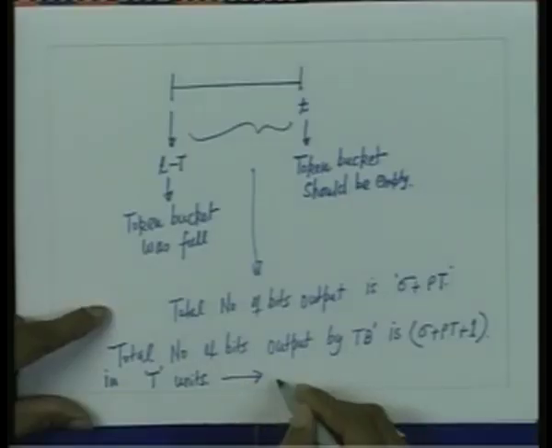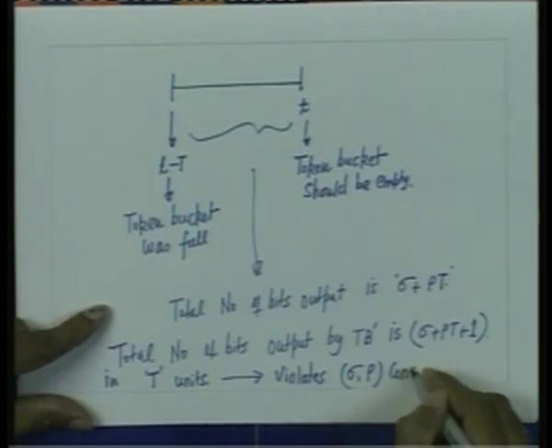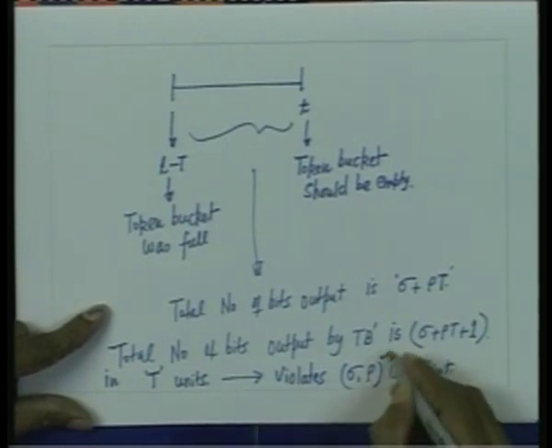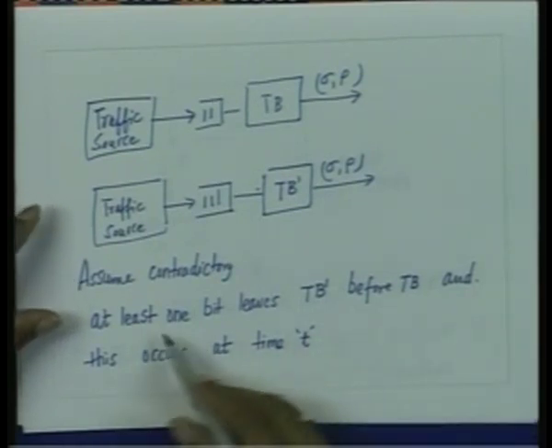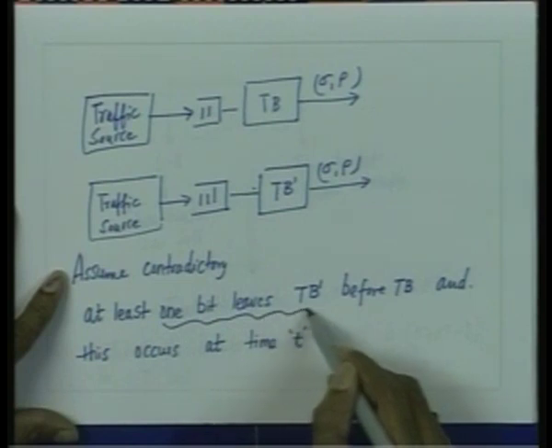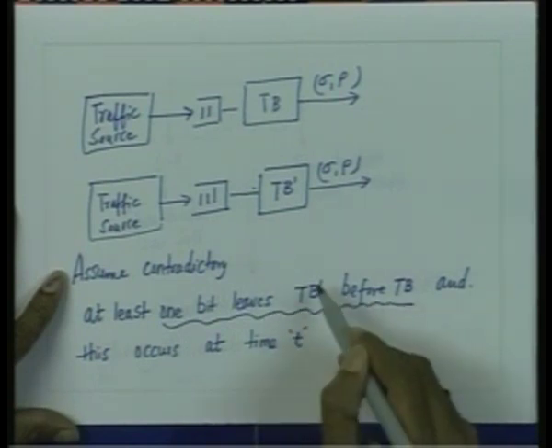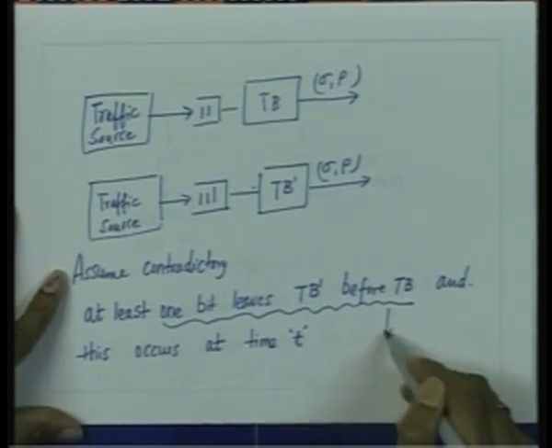Now this violates the sigma rho constraint. So if it violates the sigma rho constraint, then our contradictory claim that at least one bit leaves TB prime before token bucket TB is not true.